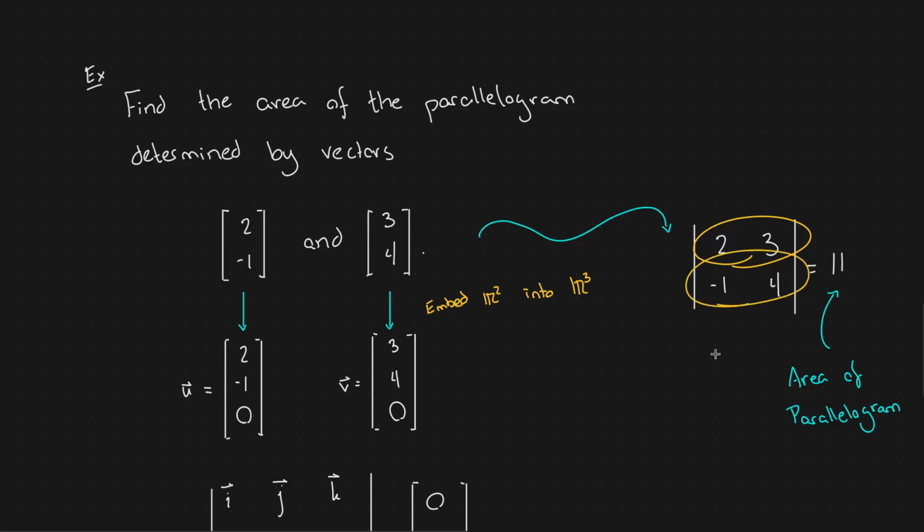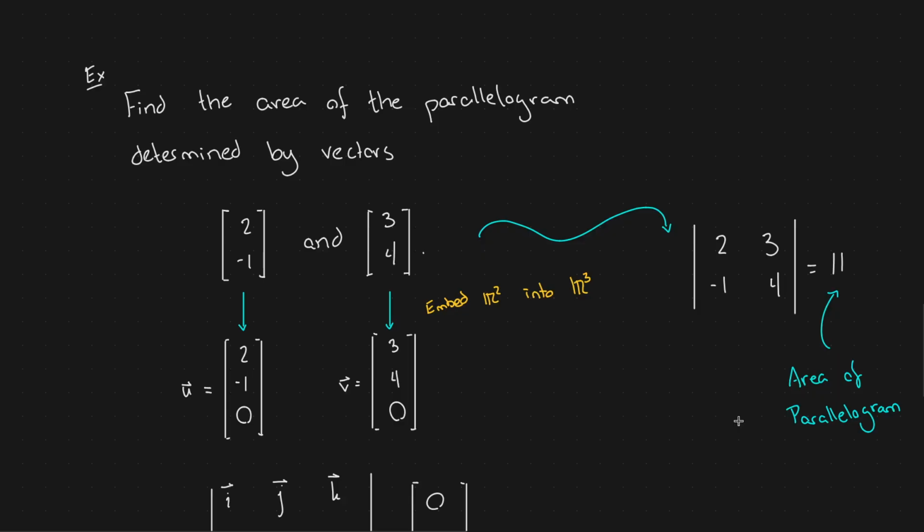So you could interpret it either way: the area of the parallelogram determined by the row vectors of the matrix, or the area of the parallelogram determined by the column vectors of the matrix. This is a really important observation, it gets at the heart of what the determinant is actually telling us and why it's actually useful.